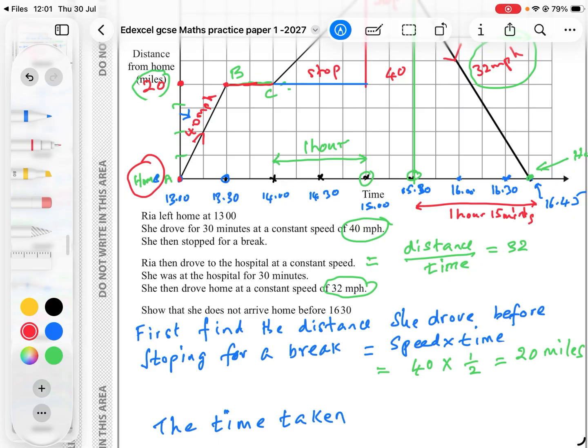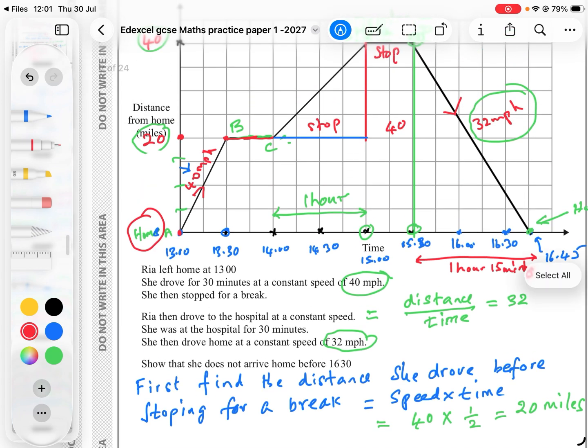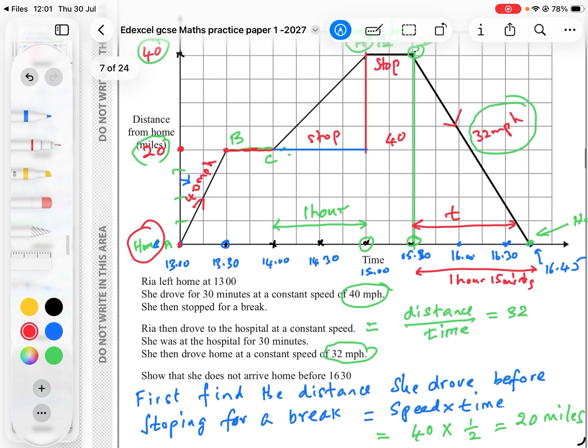So first, they ask for this time t. To work out this time, we need to work out first the distance she drove before stopping for a break.